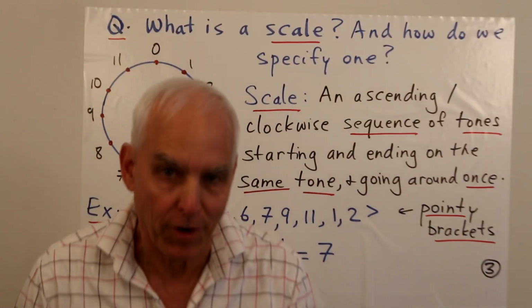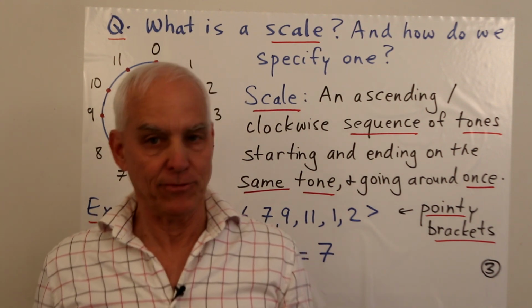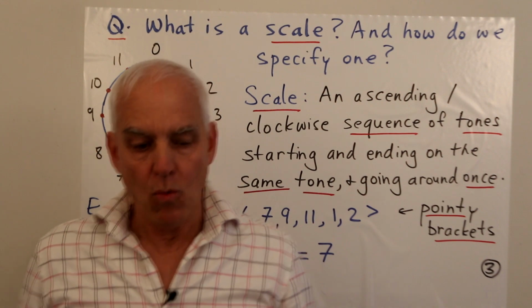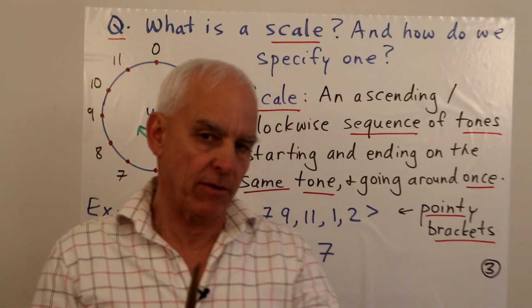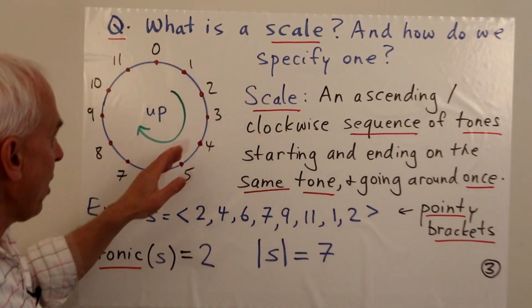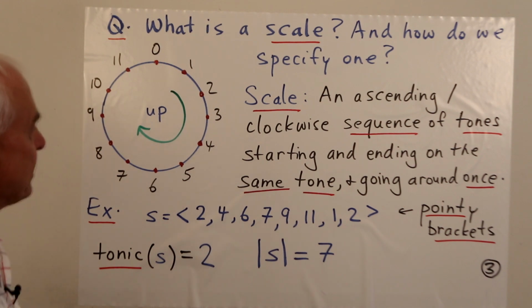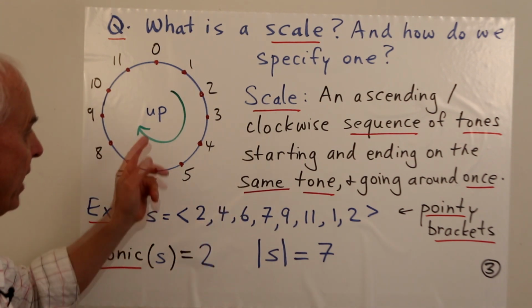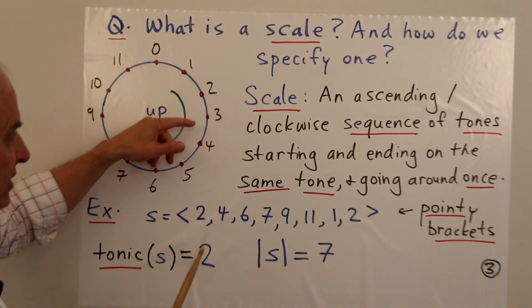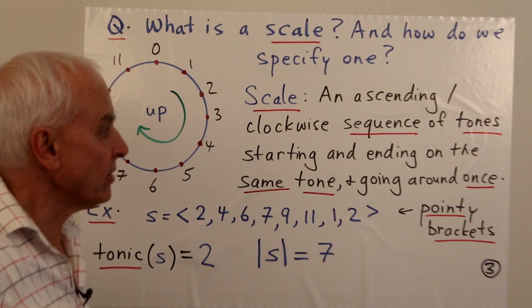The first natural question is, what is a scale precisely, or at least reasonably precisely? Well, there's a range of different approaches we could take. I'm going to try to take a relatively simple one based on our clock. I'm going to say that a scale is an ascending, going up, so that's corresponding to clockwise going in this direction around the circle.